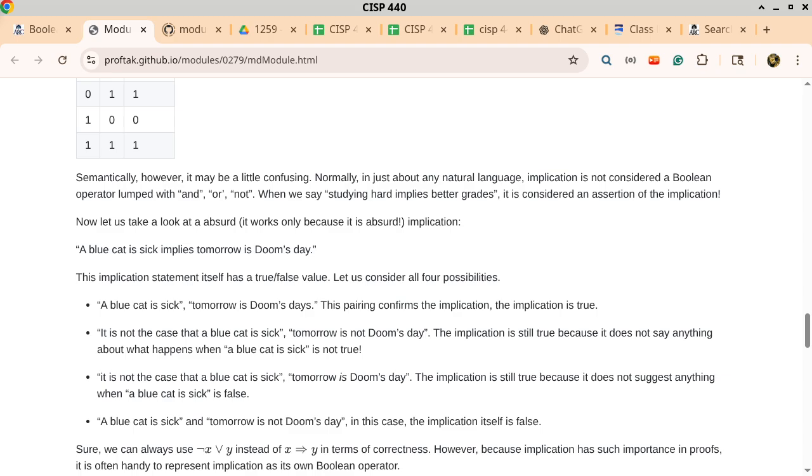In that case, you can get your money back because the statement here is really equivalent to saying a blue cat is sick is a sufficient condition for tomorrow to be a doomsday. So if yesterday you saw a blue cat being sick, but today everything is normal, it's not doomsday, that means my statement is false. You get your money back. Is that okay?